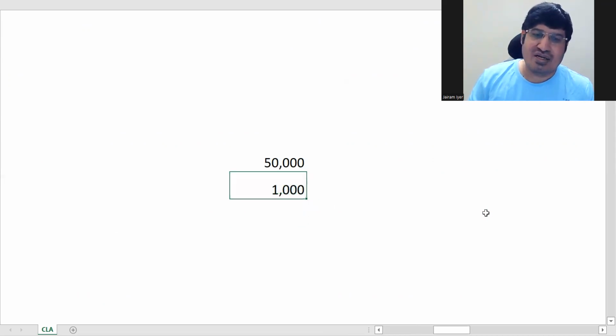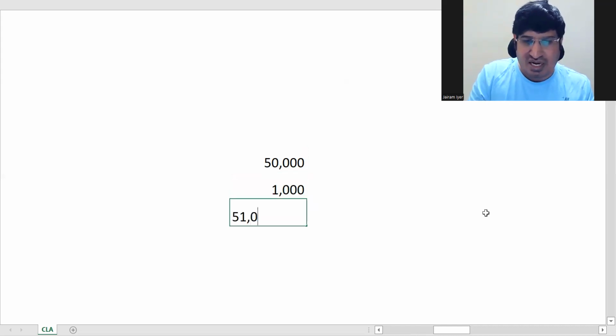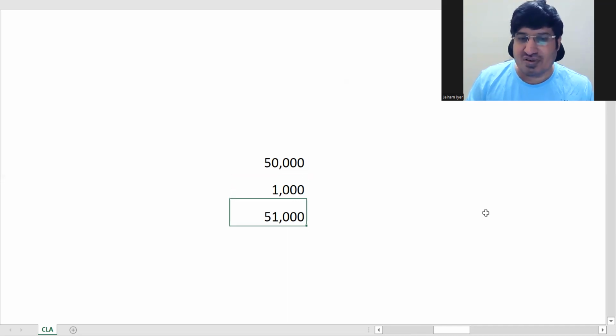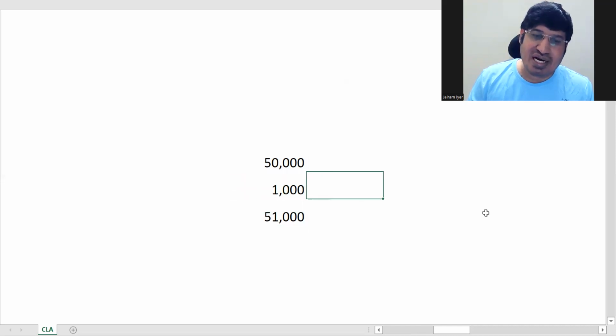So the total cost of your asset is now 51,000, correct? If you are getting a drawback of this, that means you will get back the money of CENVAT.